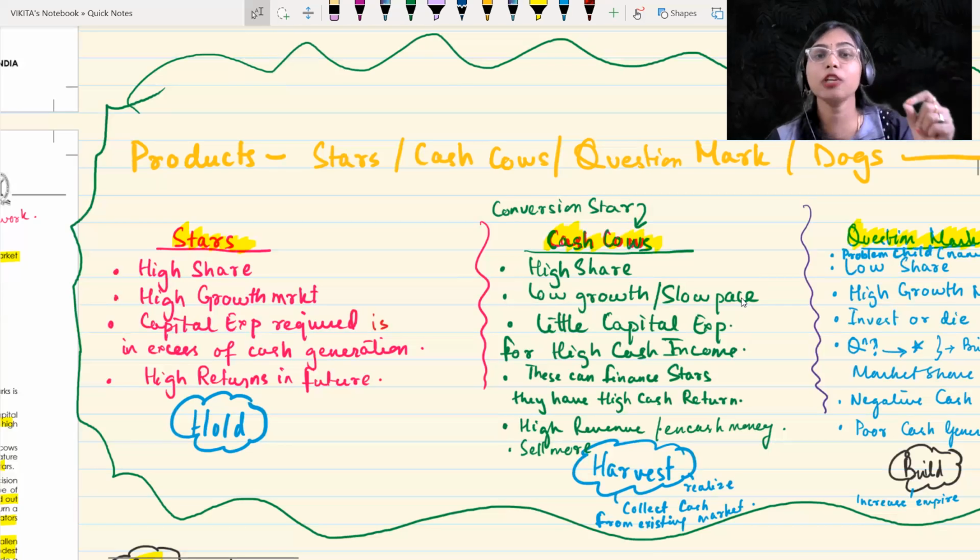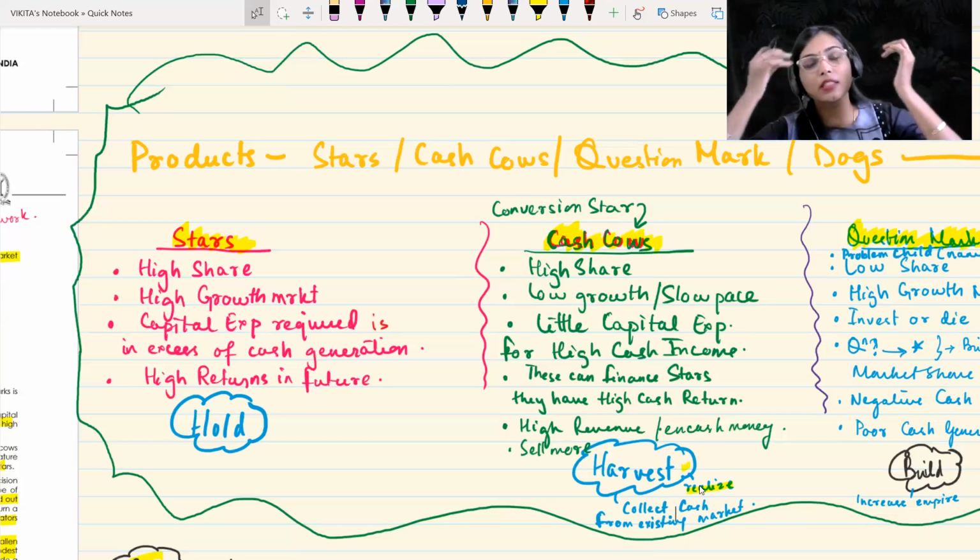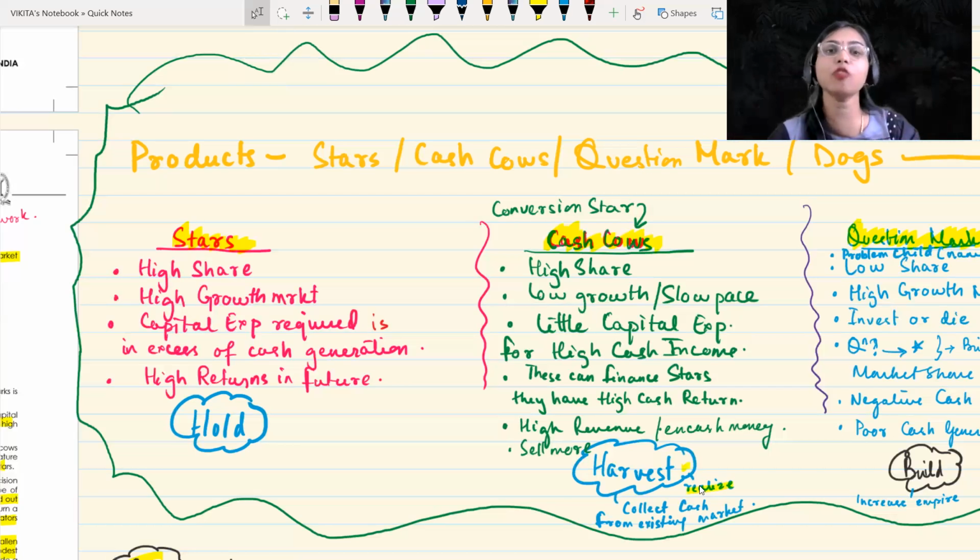It has a very small investment but a lot of beautiful returns. So you have to do harvesting. Harvesting is an agricultural farming word, right? You get a lot of revenue only when you harvest. For a small duration of time you harvest and collect cash from the existing market. You keep getting it. Got it?